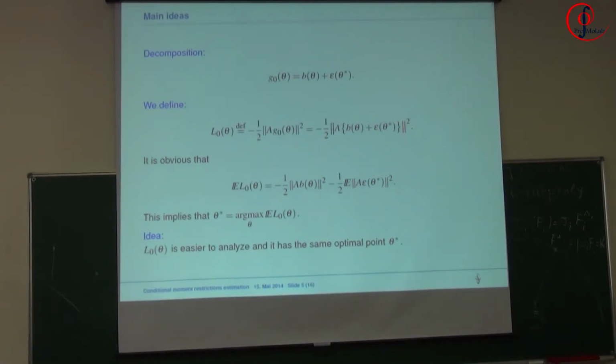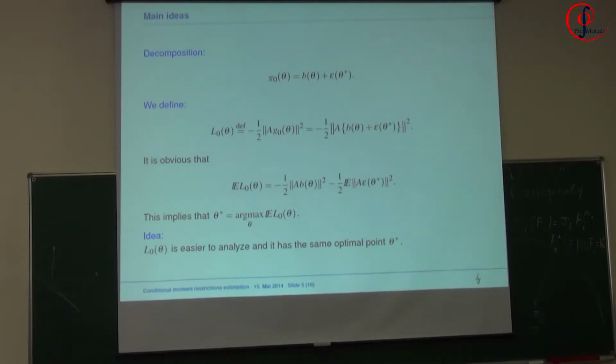And if you want to apply the theory, you need some kind of smoothness of this quadratic expression with respect to the parameter. It should be smooth in the mean and smooth in the stochastic part. But it turns out that the original quadratic form is not smooth enough in the stochastic part, and so the theory actually doesn't apply at all.